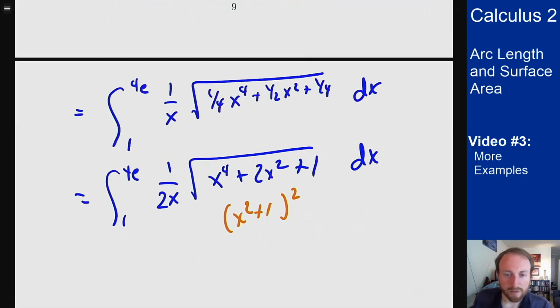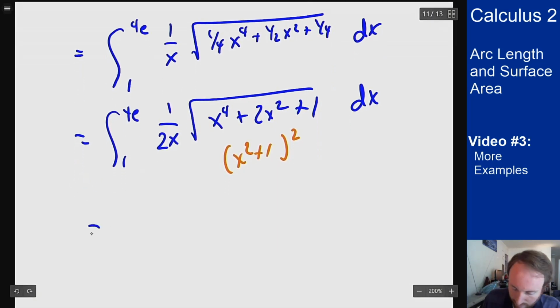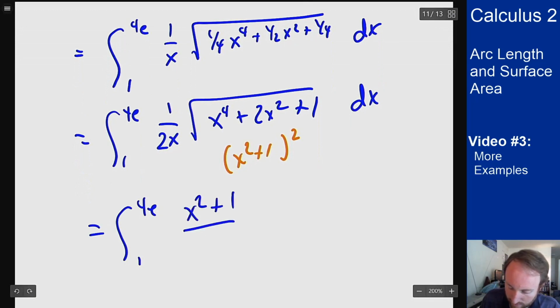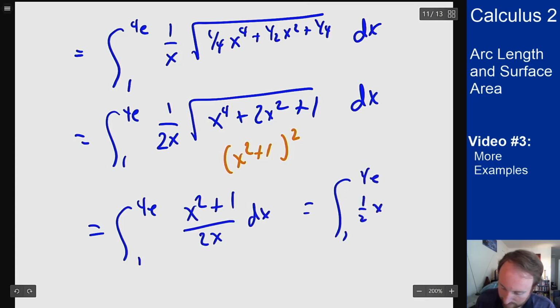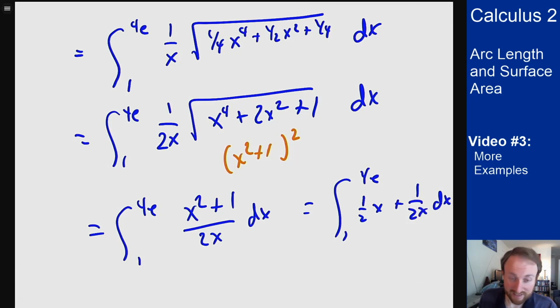What does that mean? It means that the square and the square root cancel out, and this becomes an integral from 1 to 4e of x squared plus 1 over 2x dx, which is the integral from 1 to 4e of 1/2 x plus 1 over 2x dx. I can now do that integral. That's an easy one to work out.